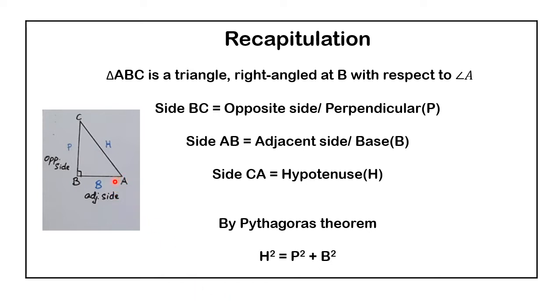With respect to angle A, AB is the adjacent side or base B, and AC is the longest side or the hypotenuse H, right? Now, you have also learnt in your earlier classes about the Pythagoras theorem. That is, hypotenuse square is equal to perpendicular square plus base square. You can also write it as hypotenuse square is equal to opposite side square plus adjacent side square, whatever is convenient for you.